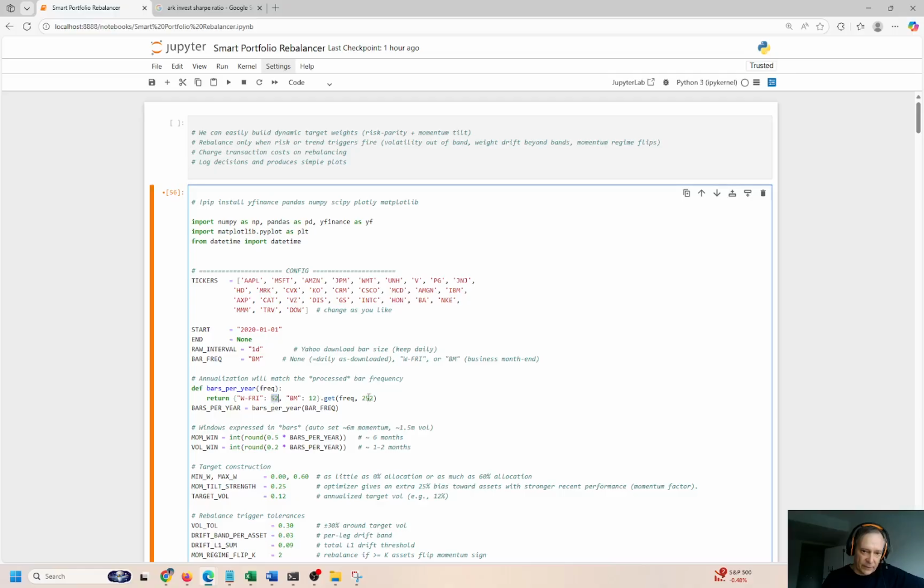Weekly would be 52. We're actually going to get 252 days of trading data per year. The reason we get 252 is because this is the number of days the market is open. You subtract out all the Saturdays and Sundays from 365 days on the calendar, and there's about, I believe, 11 non-trade days. These are holidays in the United States.